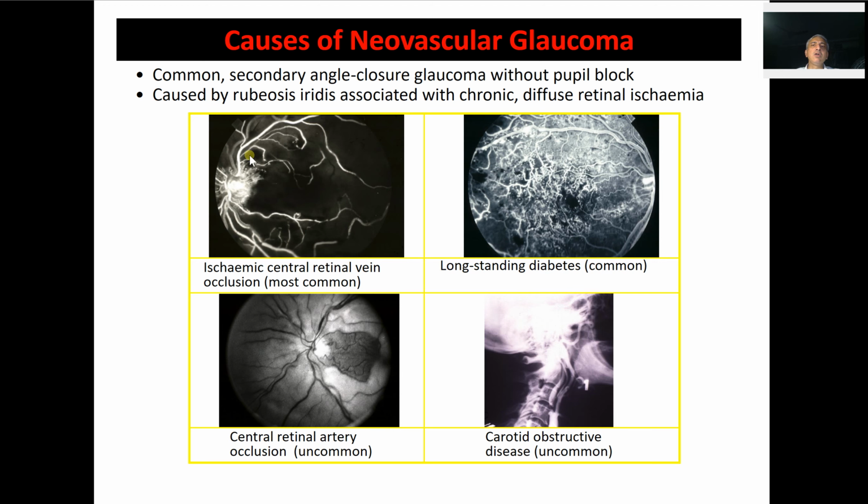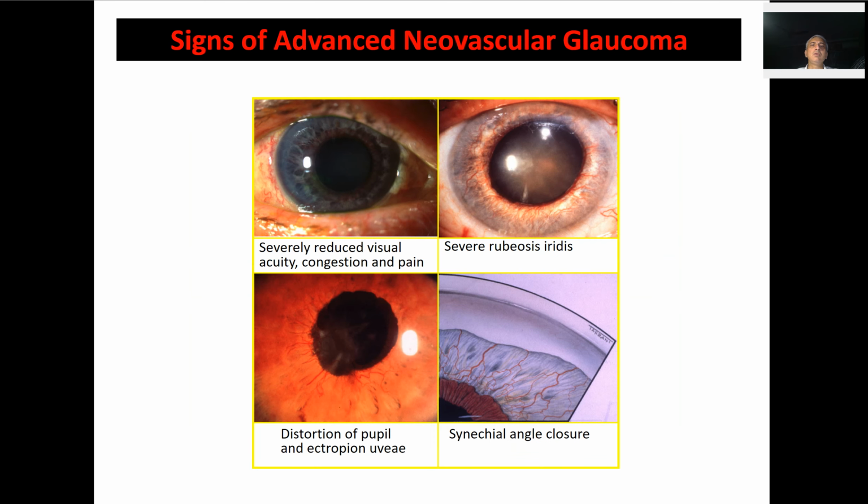You see that there is venous filling, but there is no capillary filling in this patient. Long-standing diabetes, here there are capillary dropouts in this area. Central retinal artery occlusion or carotid obstructive disease, these all can cause neovascularization of the iris because the VEGF released in the posterior segment reaches the iris as well.